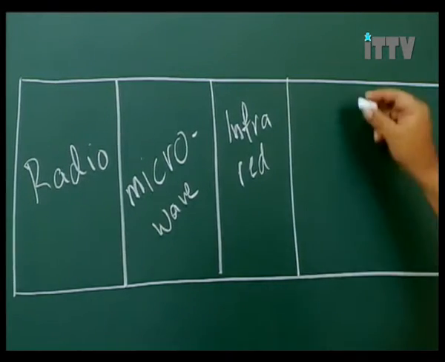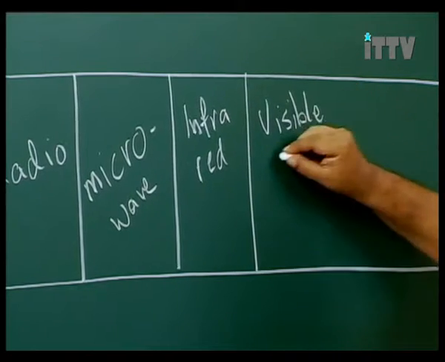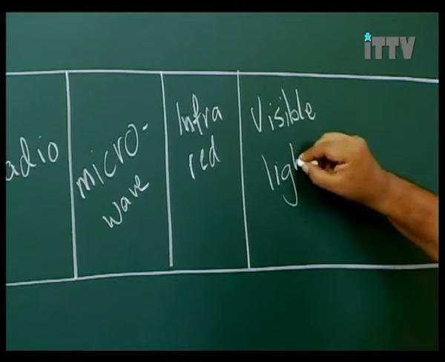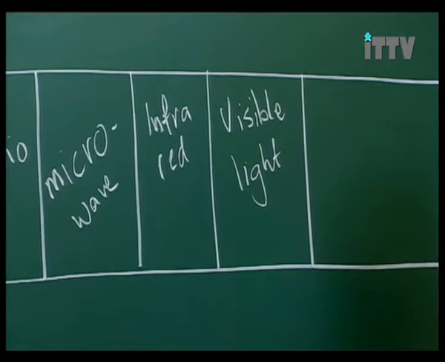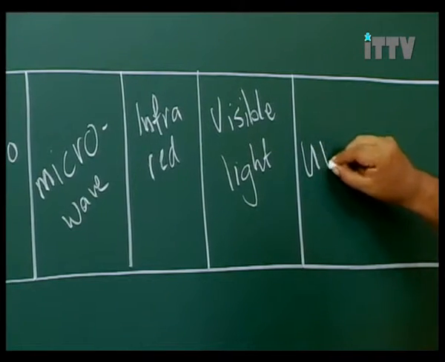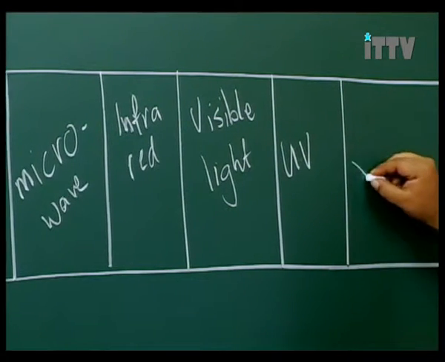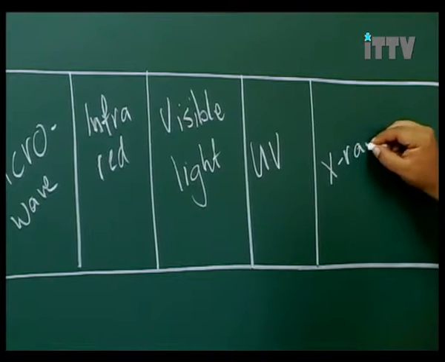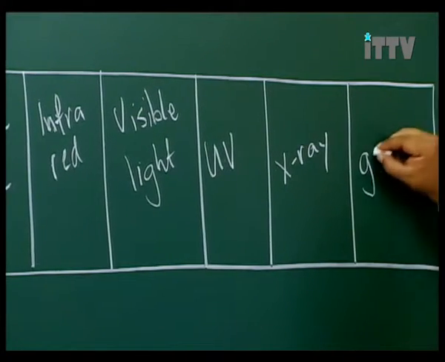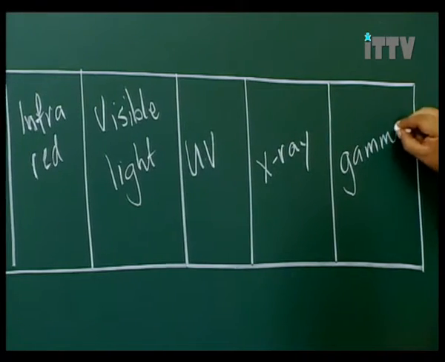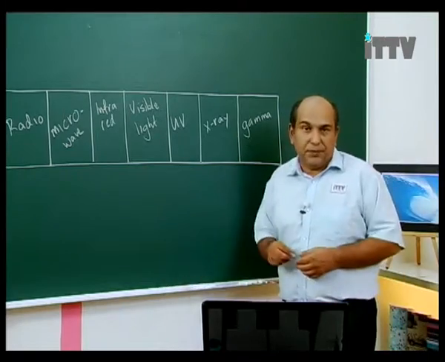This is followed by visible light, followed by ultraviolet, which we will just write down as UV. UV is followed by X-ray, and X-ray is followed by gamma rays. So this is our spectrum.